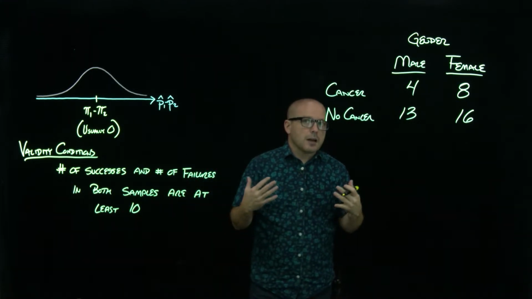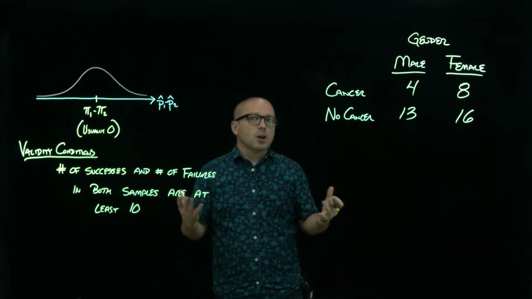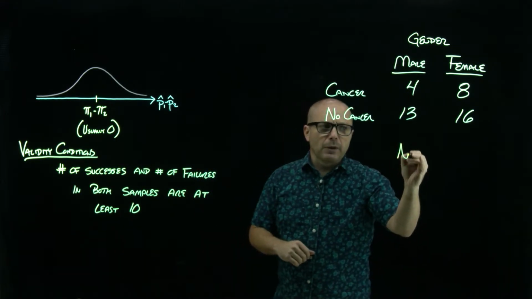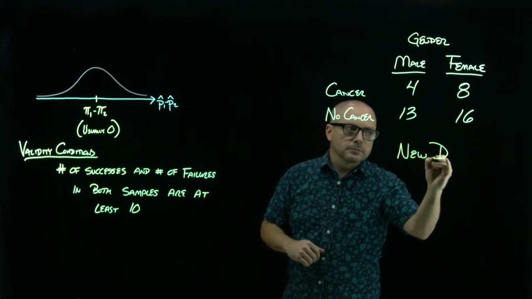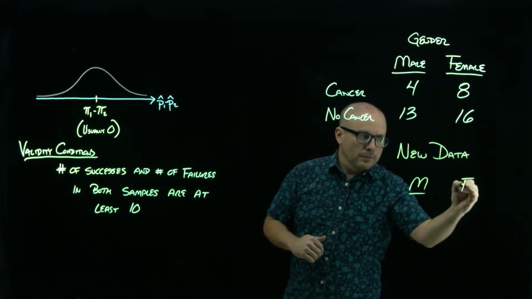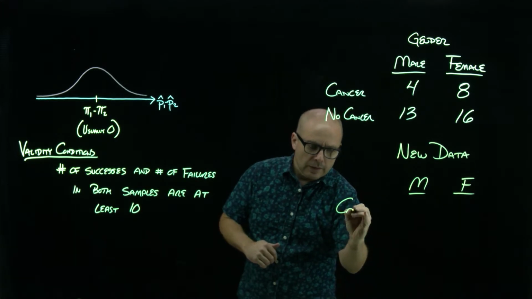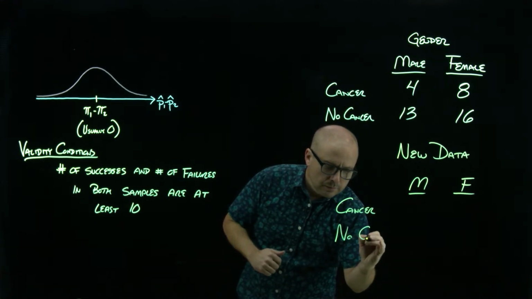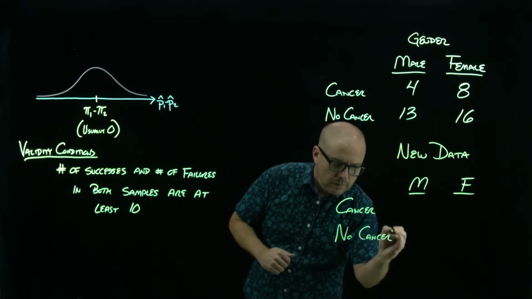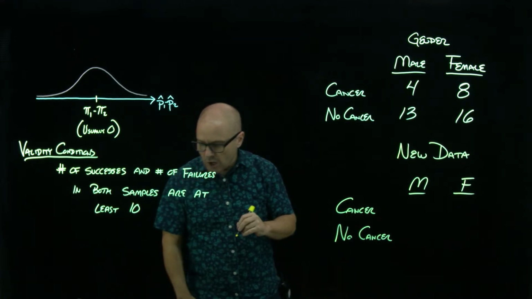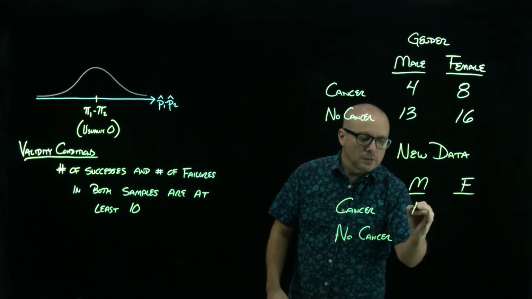So let's imagine a situation where we had slightly larger samples. So say we had some new data: male, female, cancer, no cancer. And what I did is I just made these larger but the same proportions.